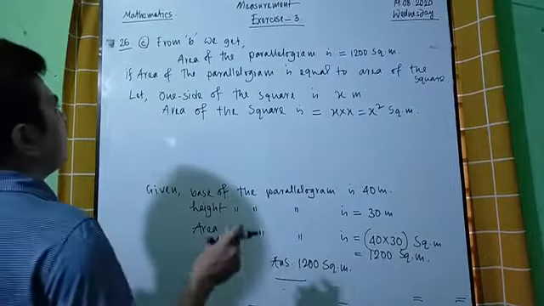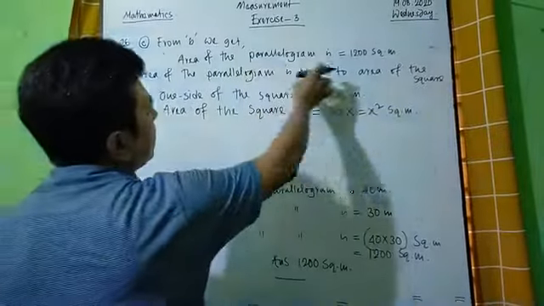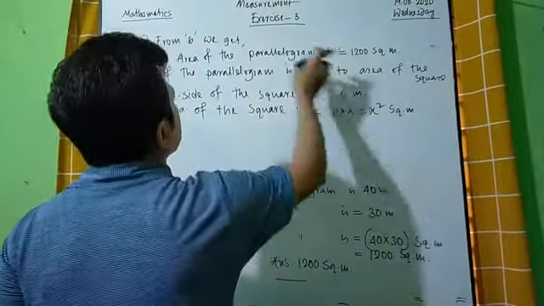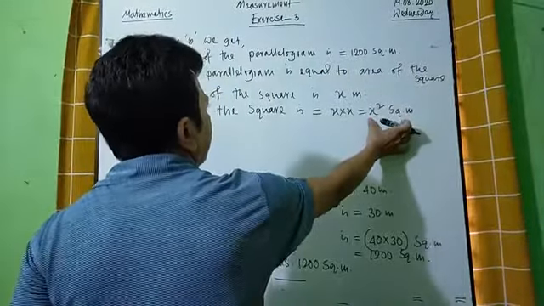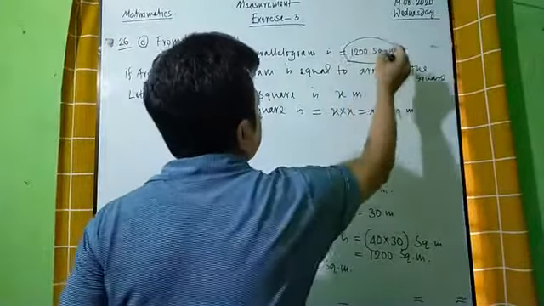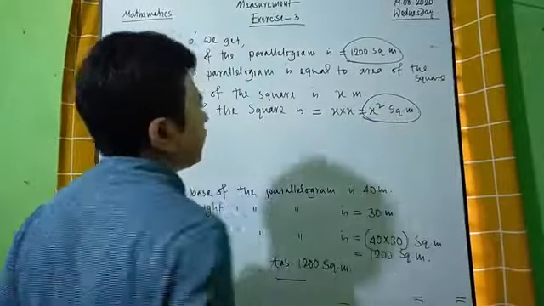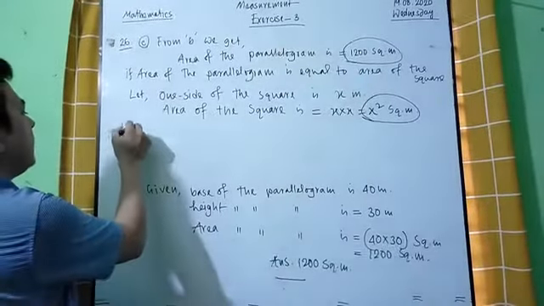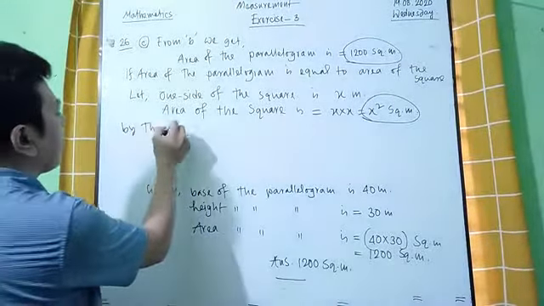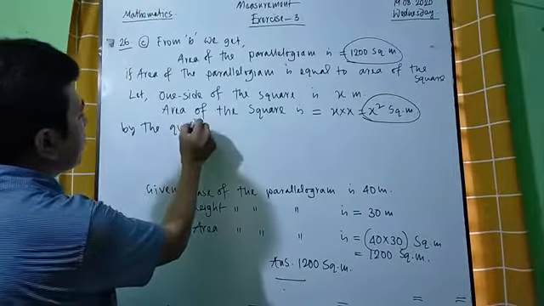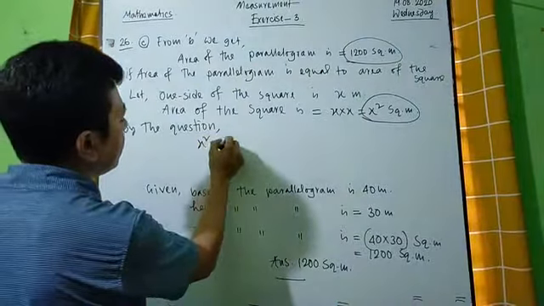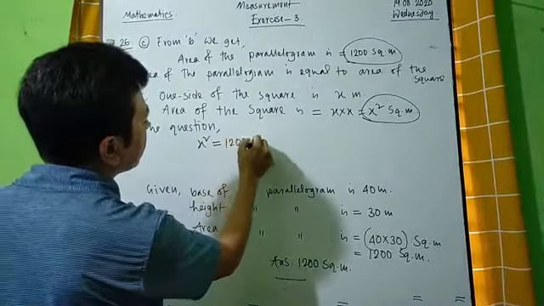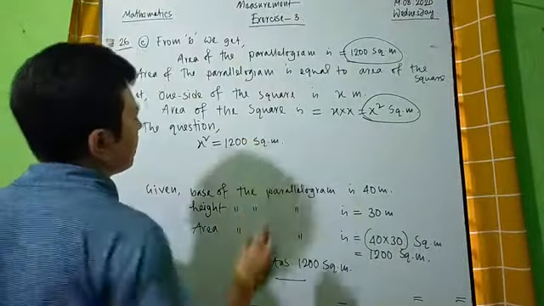So by the question, area of the parallelogram is equal to area of the square. Look at that, area of the parallelogram is 1200 square meter, and area of the square is x square. So we can write by the question, x square equals 1200 square meter.